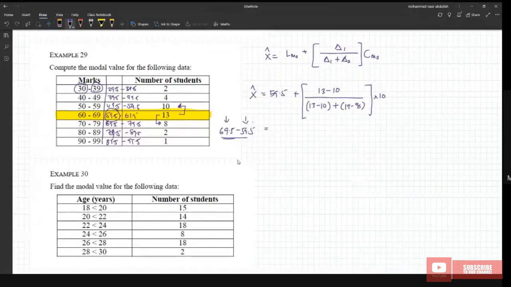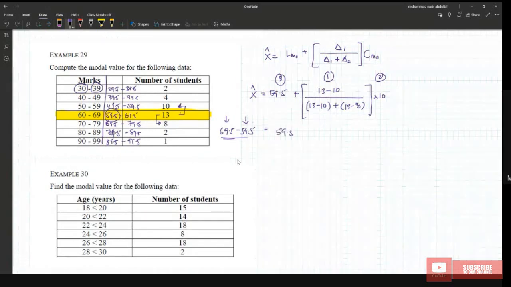So now we already have the values inside the formula. Just calculate the value. This is the first step, second step, third step. So 3 divided by 3 plus 5. So 3 divided by 8. So let me clear this one. 59.5 plus 3 divided by 3 plus 5 multiplied by 10.